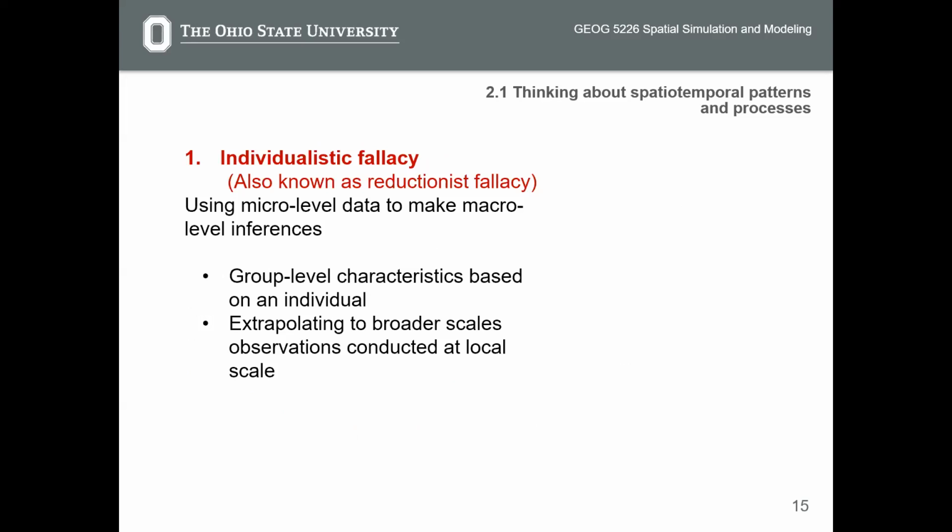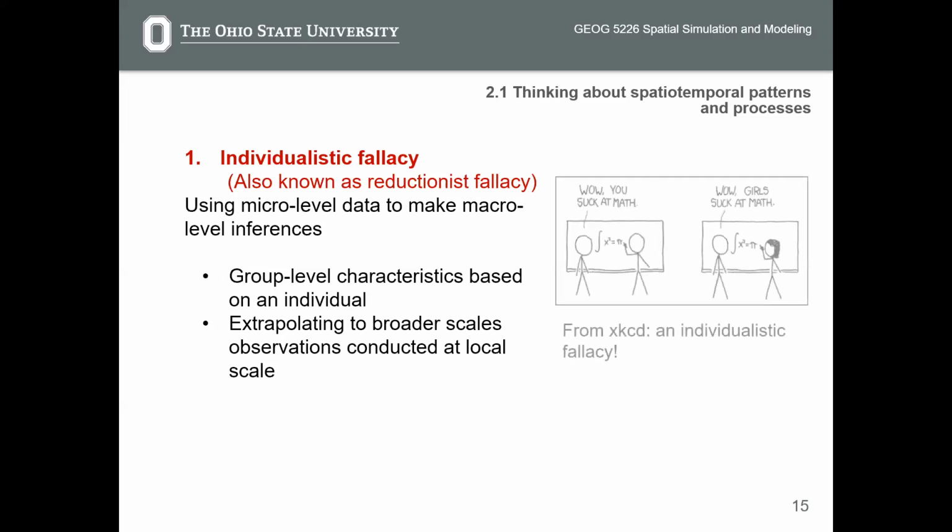First one, individualistic fallacy, also known as reductionist fallacy: using micro-level data to make macro-level inferences. I'm going to use this small comic to explain this.